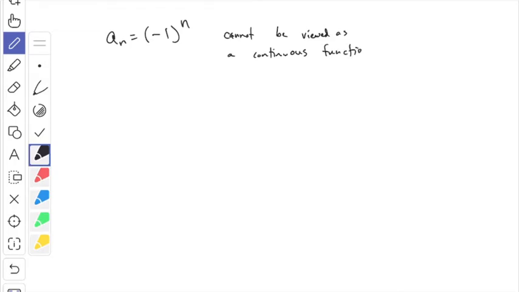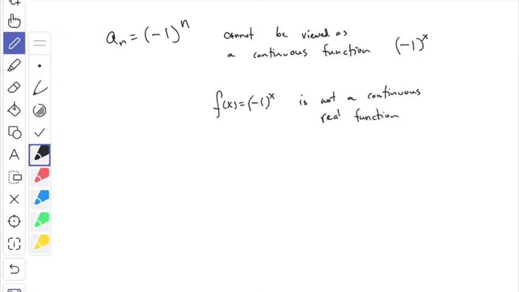(-1)^x cannot be viewed as a continuous function. Why not? It looks okay, but it is deceptively simple looking. As a function, f of x equals (-1)^x is not a continuous real function. What I mean is, you don't always get real number answers.